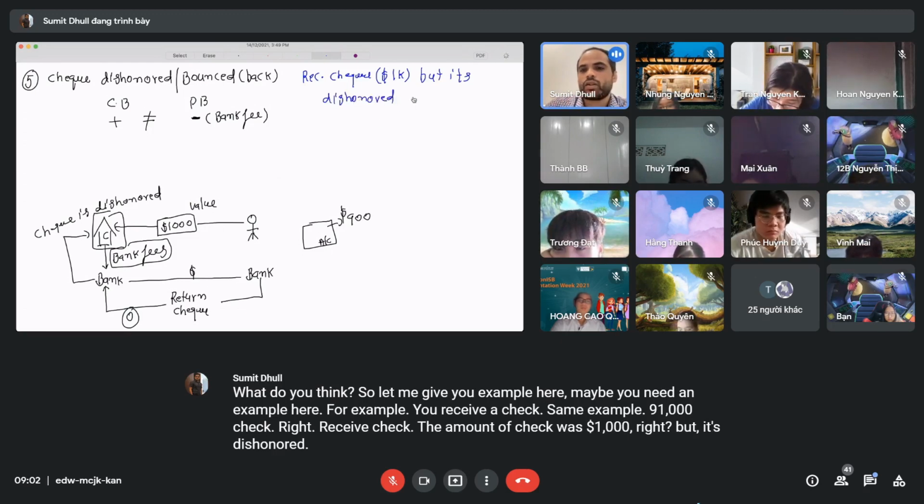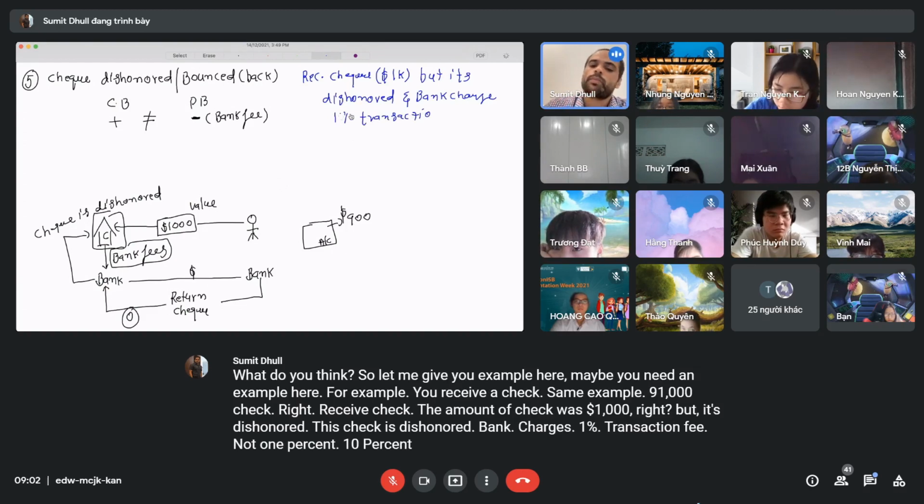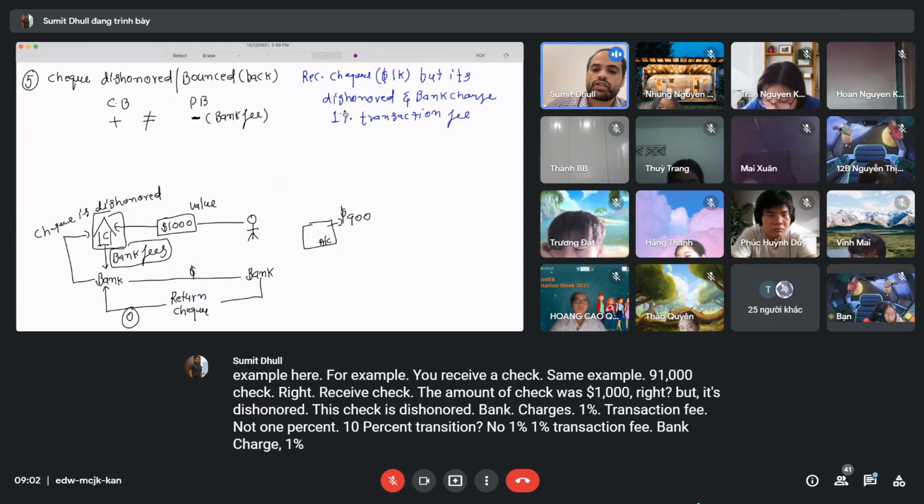This check is dishonored, and the bank charges a 1% transaction fee. Bank charges a 1% transaction fee.